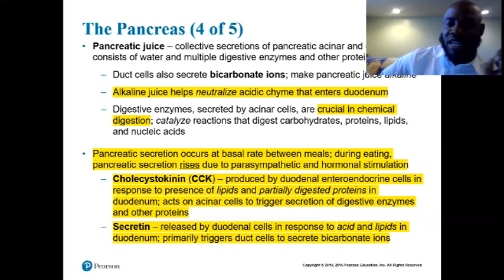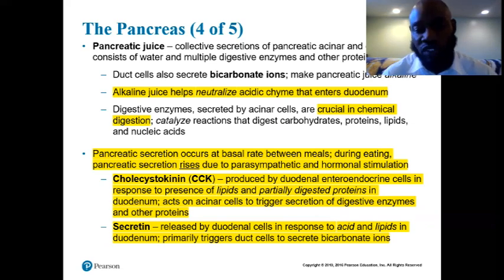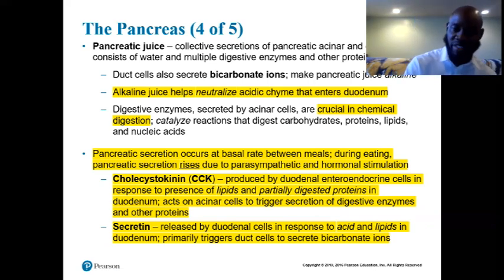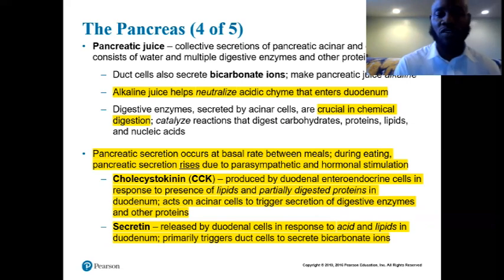Then we also have secretin, released by the duodenal cells in response to acid and lipids in the duodenum. Remember that acid means that something's coming from the stomach to the duodenum. That means food's involved. And lipids also, there's a lot of fat that's going to be in the food that you've eaten, can trigger these duct cells to secrete bicarbonate ions.